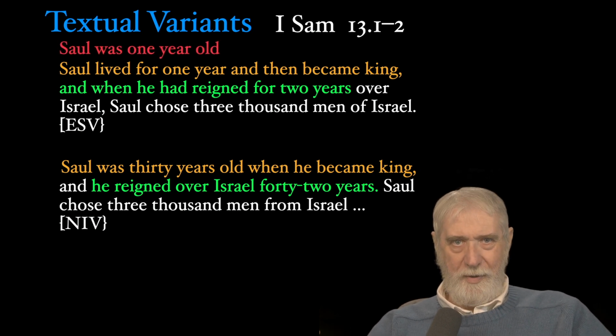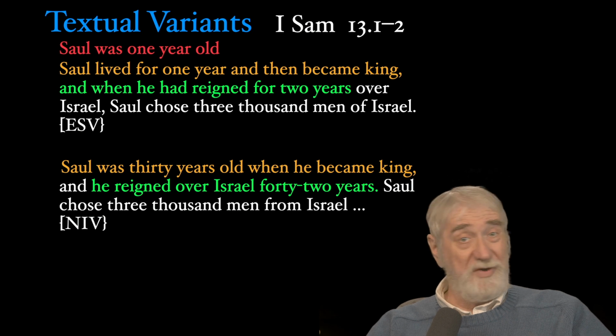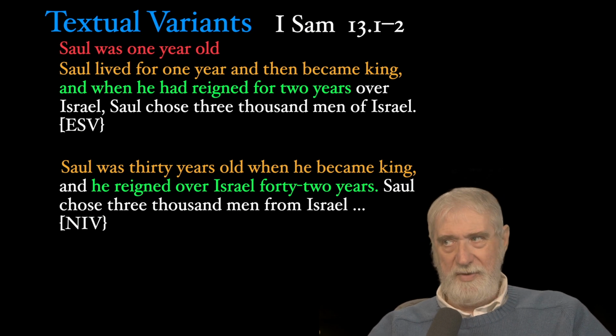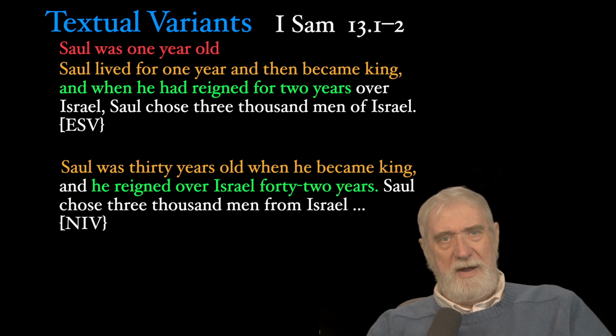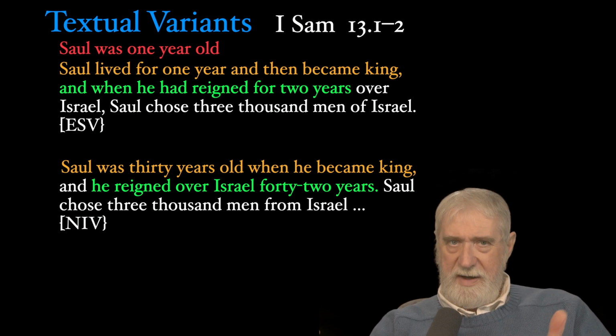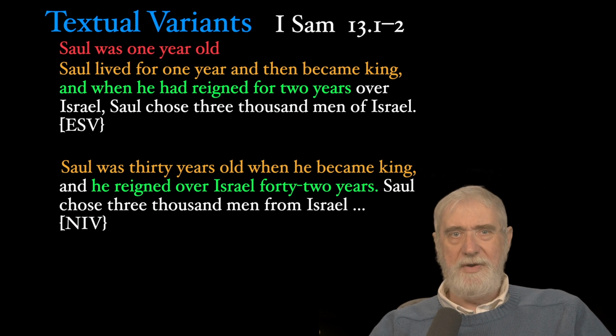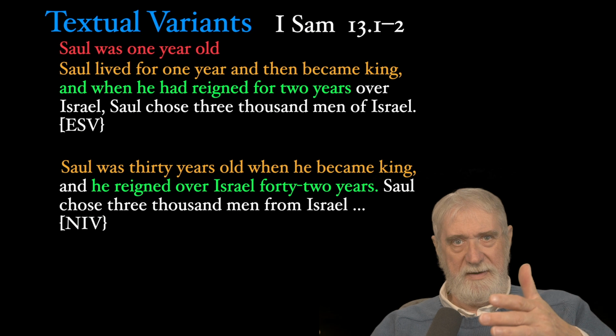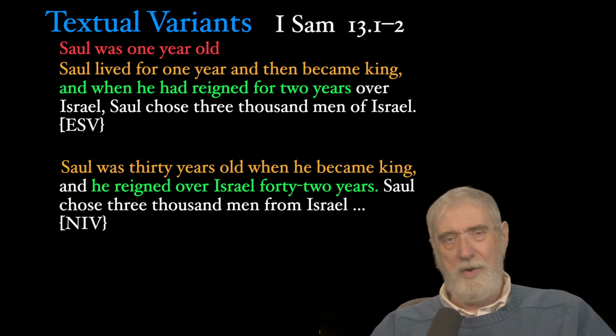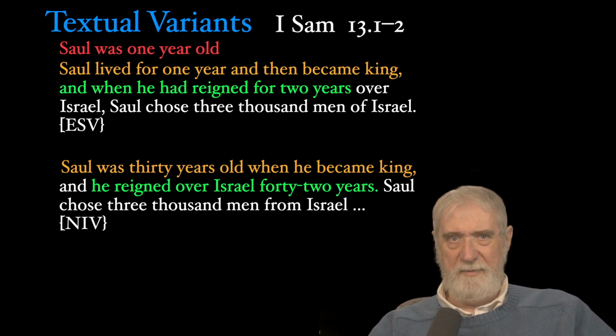Saul was 1 year old when he became king. And that's clearly not true from the rest of the biblical narrative. And so, even though there's no actual text that has a different reading from this, most translators believe that the Hebrew text is problematic here and that some words have probably been lost from it in the process of translation.